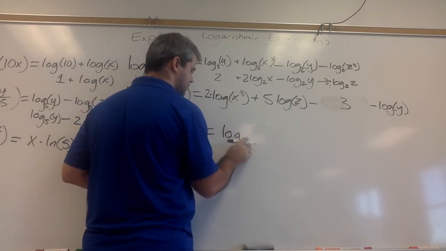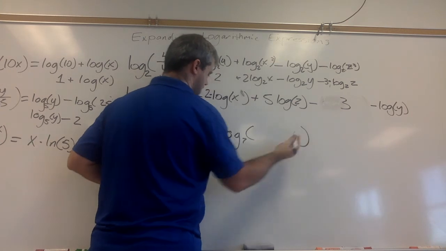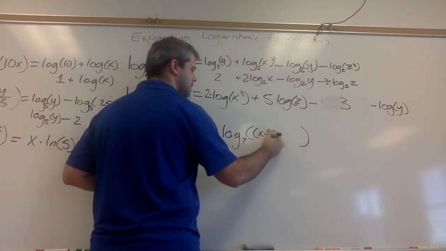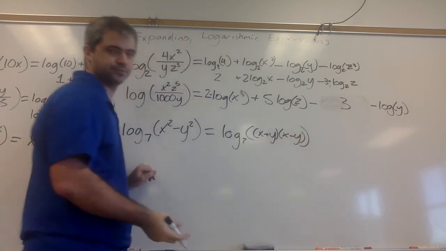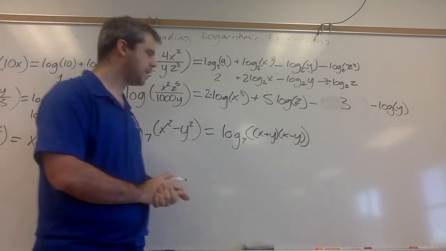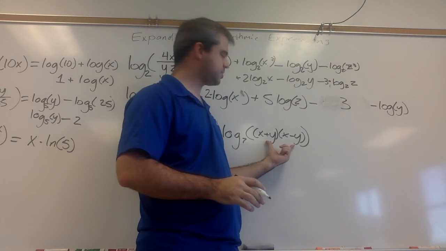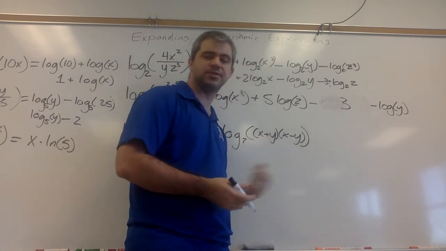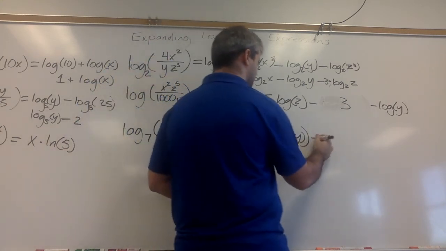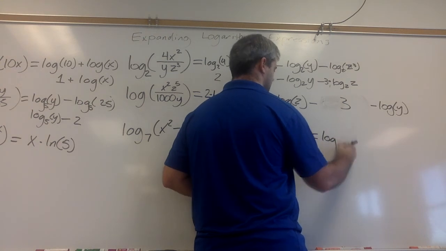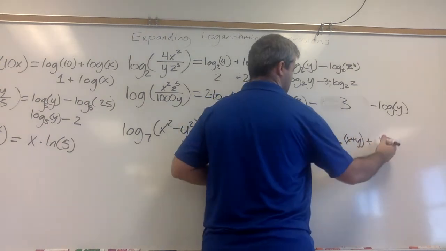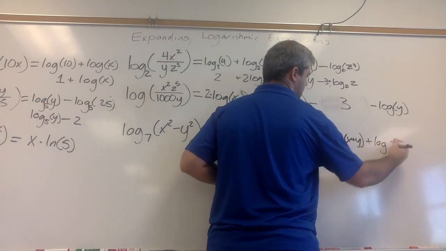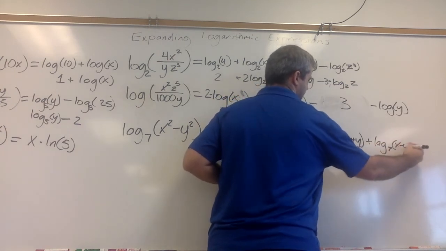Some of you might have recognized that this is a difference of squares. X plus y, x minus y. All right. So what does this do? Well, now I am multiplying two things. So I could rewrite this as log base 7 of x plus y plus log base 7 of x minus y.